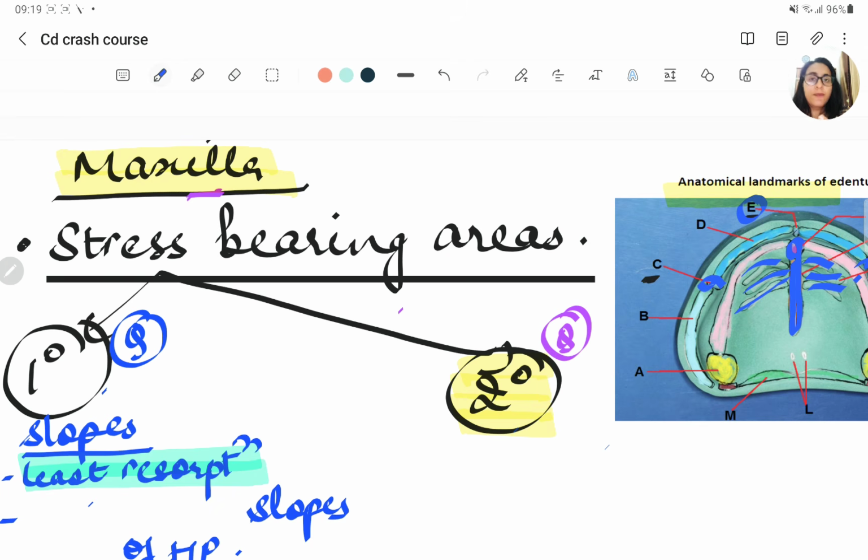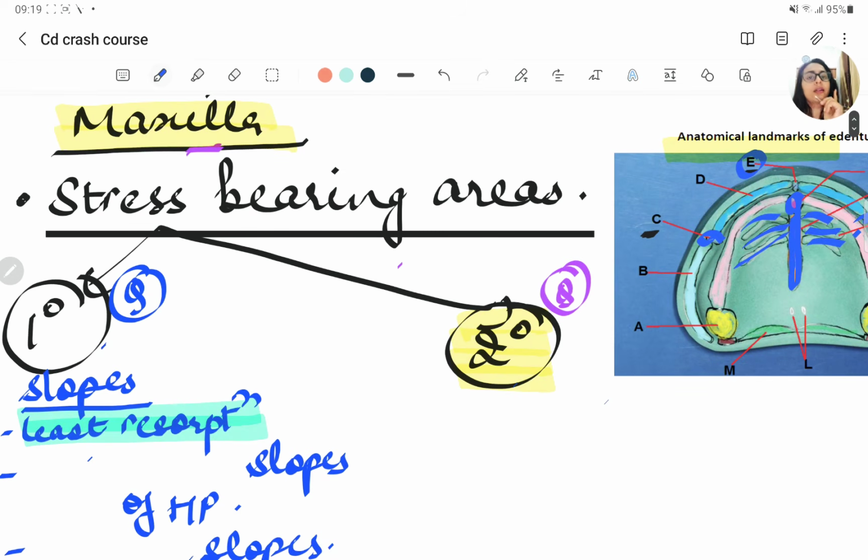That's why it is primary. So there will be very little resorption, or we can say kind of no resorption in these particular areas. These particular areas are the slopes of the maxilla. So remember, primary are the slopes, because slopes are inclined and there is no direct pressure coming. So remember, slopes are always the primary.